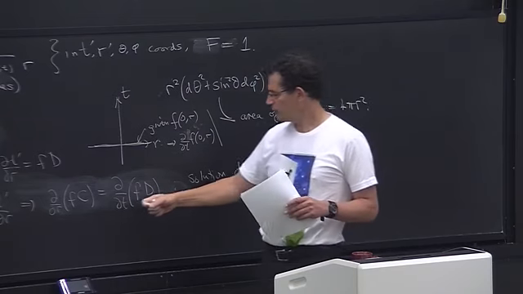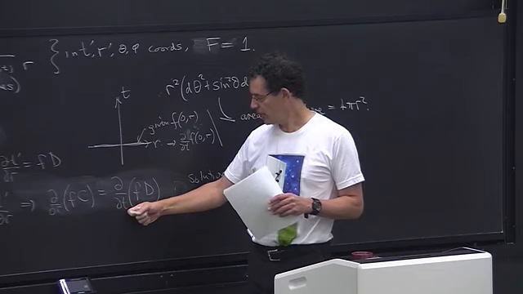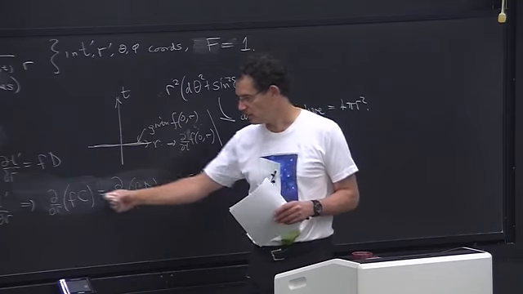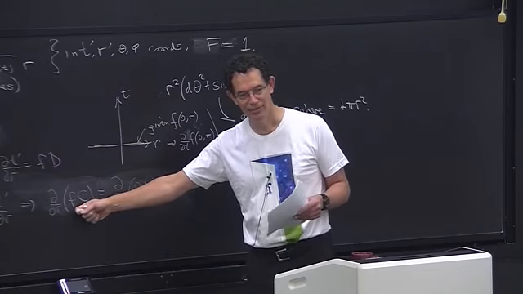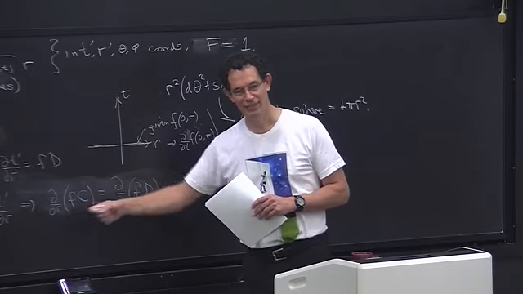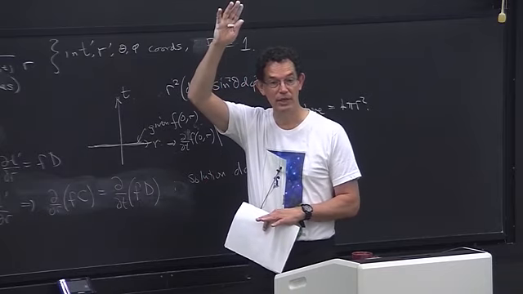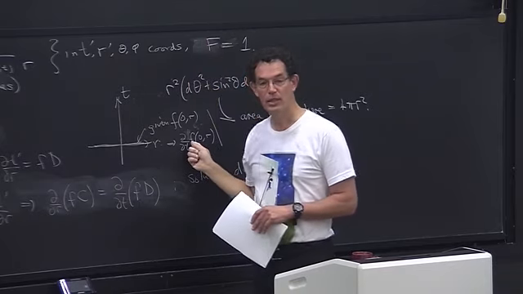But likewise, I can differentiate it again with respect to t, and I can get f double dot in terms of f dot and f. And I can get f triple dot in terms of f double dot and f dot and f. And I can just iterate this. So I can work out the Taylor series expansion of f in t around t equals 0.